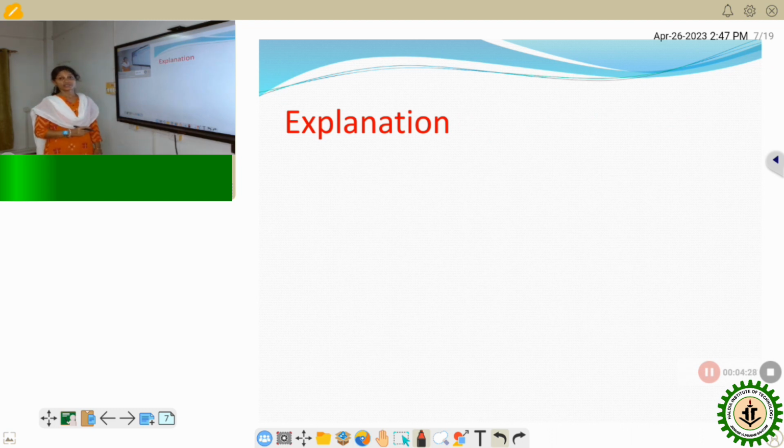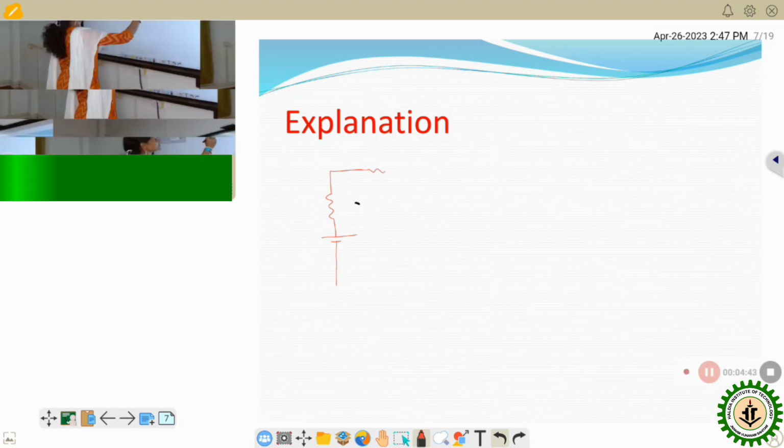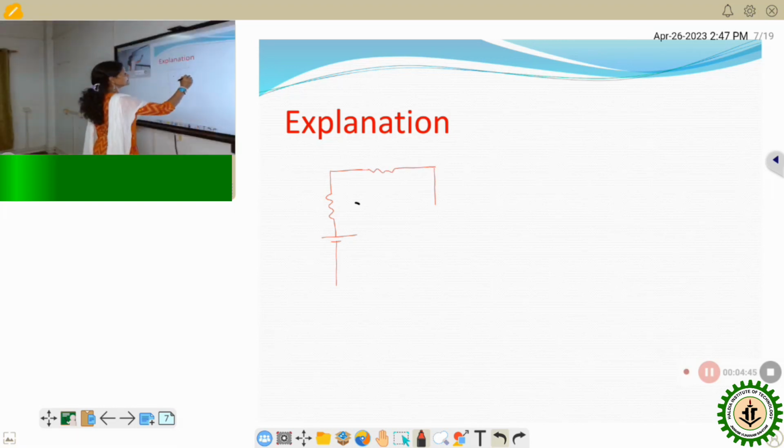Now the explanation. How we can achieve the Thevenin equivalent circuit. Suppose this is a circuit having a voltage source and some resistances.